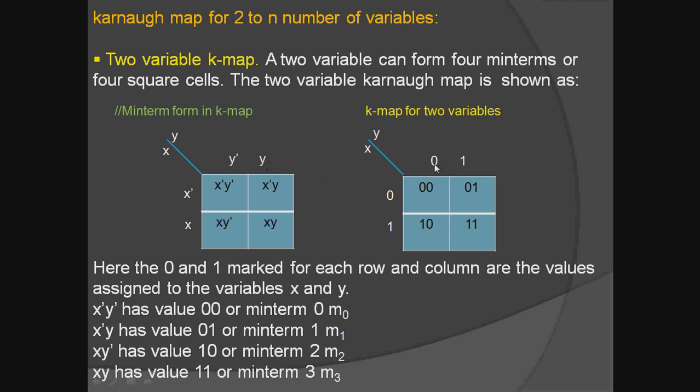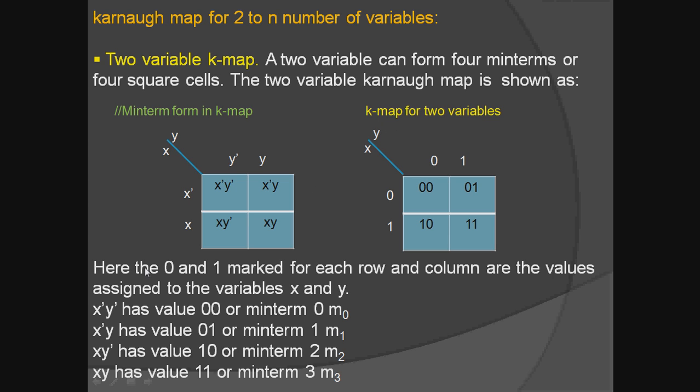So here 0 is represented by y complement, and 1 is y, and here x complement is 0 and x is 1. So in terms of that, when we find the min term values, x complement y complement is 0 and 0, then 0 1, or 1 0, and 1 1. So these are the positions when we have two variables for the K-map.